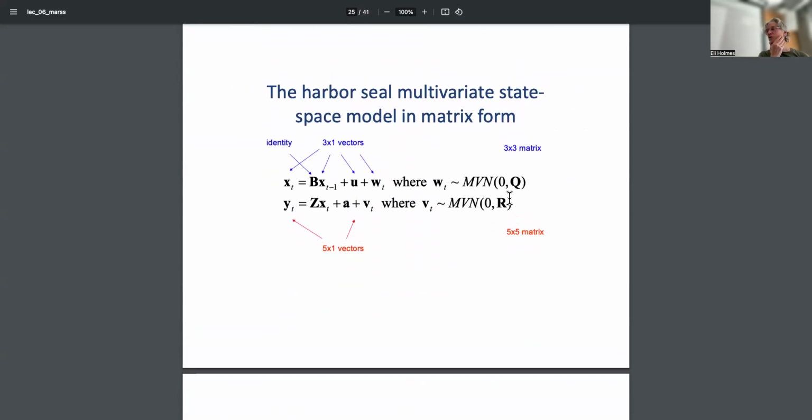Okay, so here it is in condensed form. This is the identity matrix.